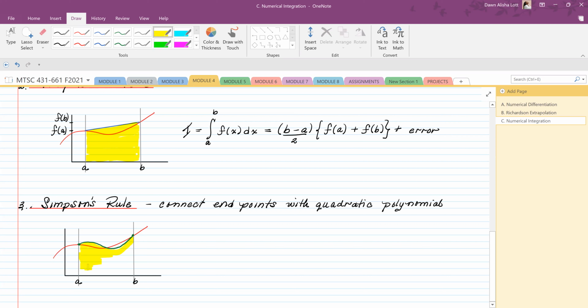That doesn't look good. That looks like a cubic. That's got too many derivatives. Let me go back. Okay, we're going to try a quadratic.